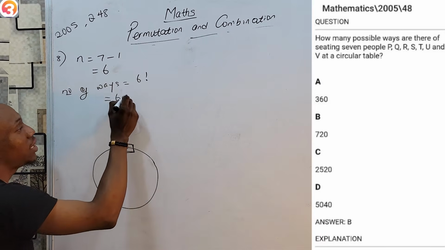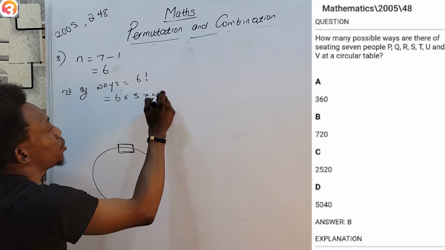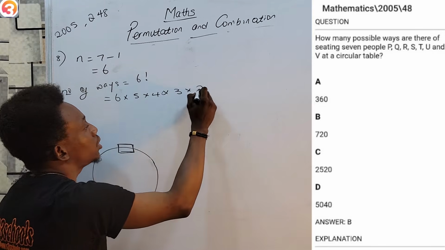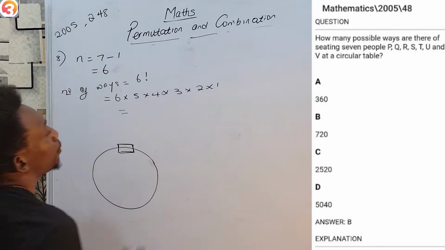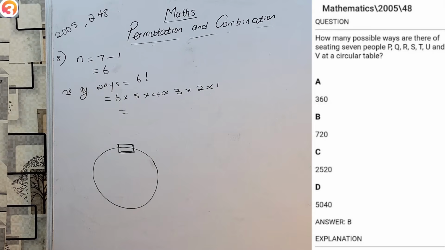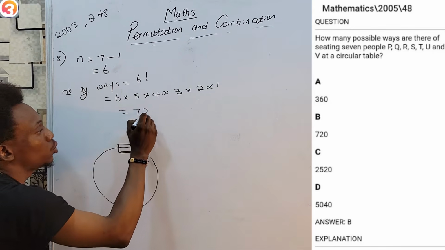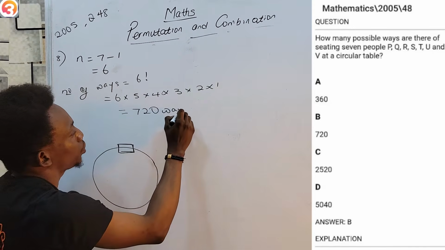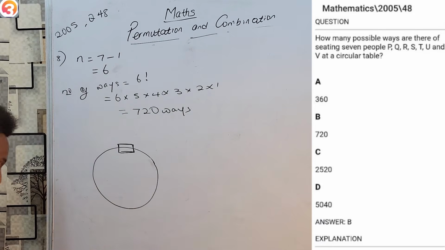And 6 factorial is 6 times 5 times 4 times 3 times 2 times 1. And I believe that gives us 720 ways. When you check your options, that is option B.